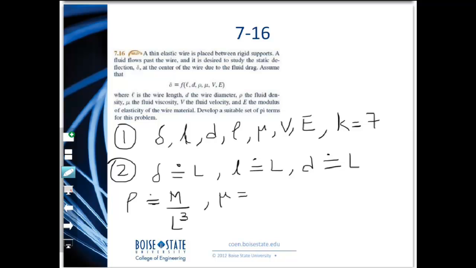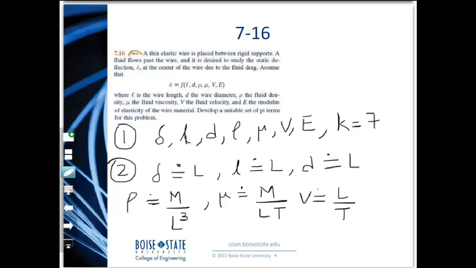Okay, so if you're not sure about certain units, you can go back to your book and see what units they have, and then you can always write it in the primary dimensions. And so if you go ahead and do that, the viscosity would be M over LT. Okay, and similarly you can write velocity, which is L over T.